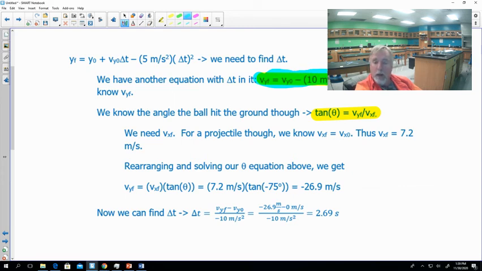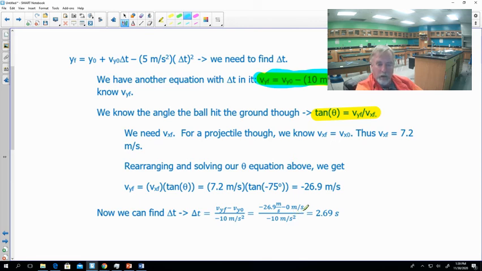We rearrange that equation, and you're going to get delta t is equal to Vyf minus Vy0 over 10 meters per second squared. Okay, so let's plug those in. Negative 26.9 meters per second, because we just figured that out for our Vyf. We were told Vy0 was 0. We know acceleration due to gravity is negative 10. So that tells us that our object was falling for 2.69 seconds.